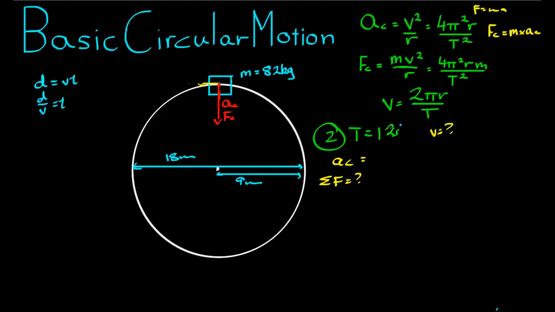Going from period to velocity, we can't really use that formula as it is. We're going to have to rearrange it. Multiply both sides by T, so we get T times v equals 2 pi r. Divide both sides by v, that v cancels out, we get v there. So the period is equal to 2 pi r on v.